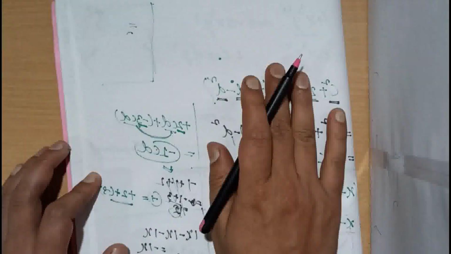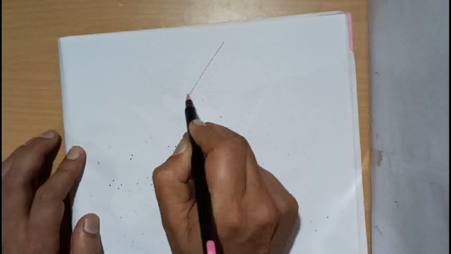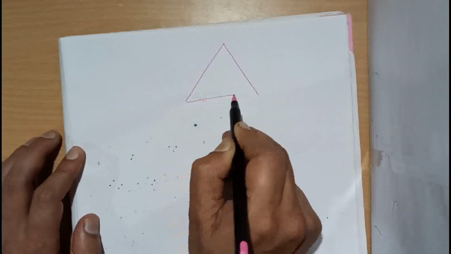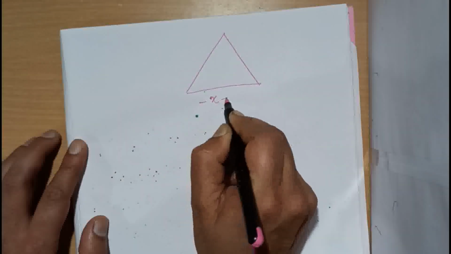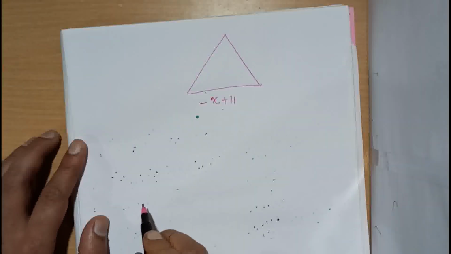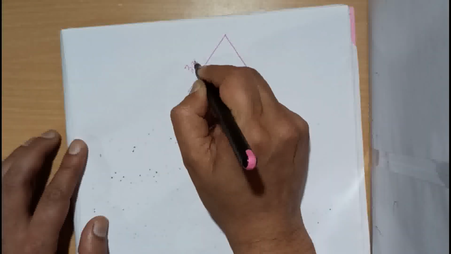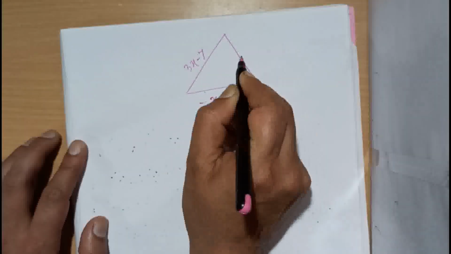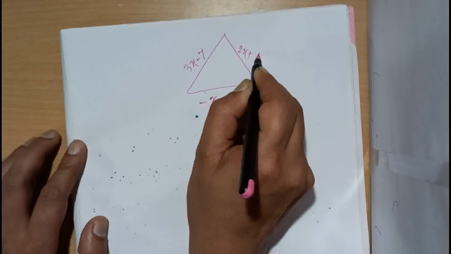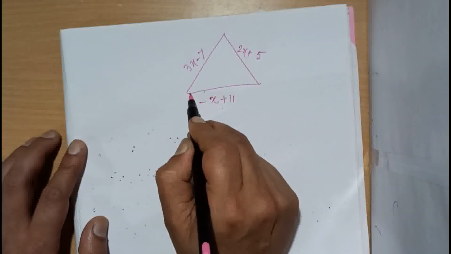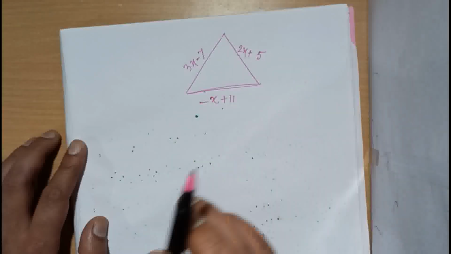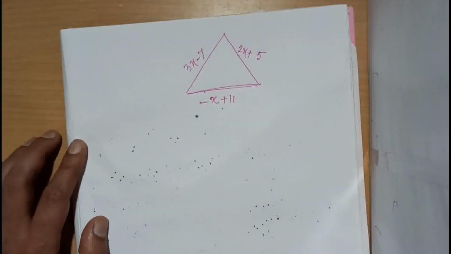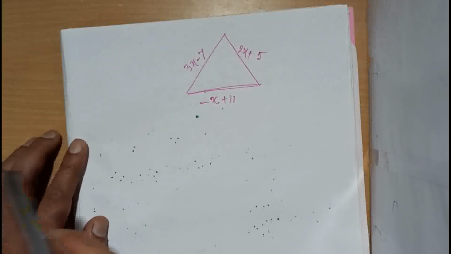This is the figure, let me draw it. The sides are minus x plus 11, 3x minus 7 and 2x plus 5. So this is a triangle having these sides. This side is minus x plus 11, this side is 2x plus 5, and this side is 3x minus 7.